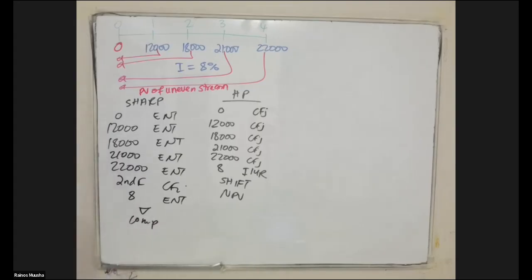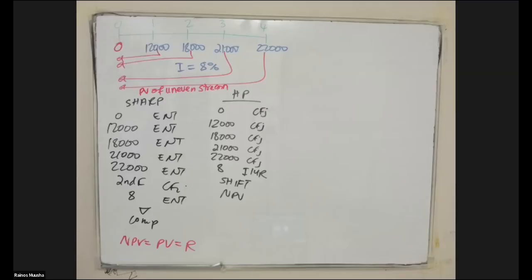So in this case, the net present value that you're going to calculate is also the present value of this uneven stream of cash flows. And how much do you get? $59,384.34. Okay.